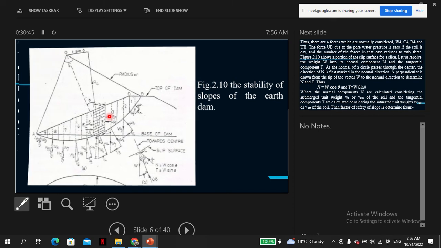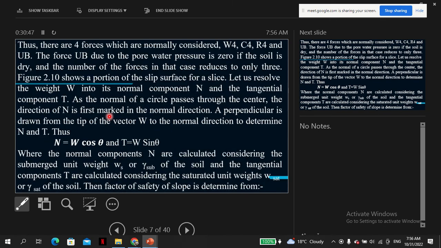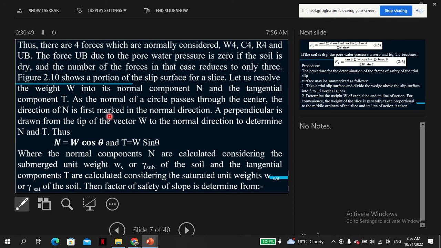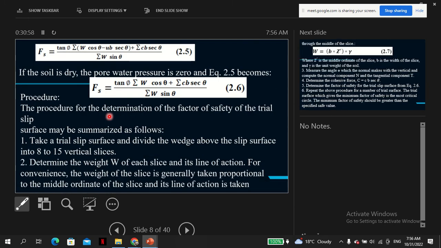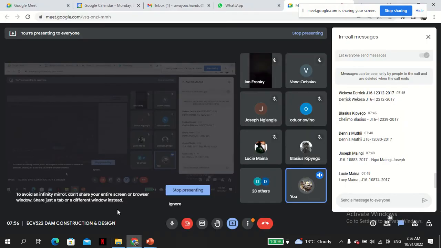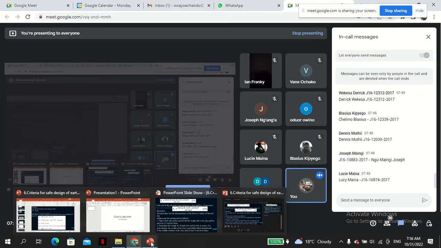That is in the ideal situation. Now for examination purposes, you'll be given an assumed slip circle, and your job will only be to get the factor of safety. While in reality, as an engineer, it's your job to determine the critical circle.